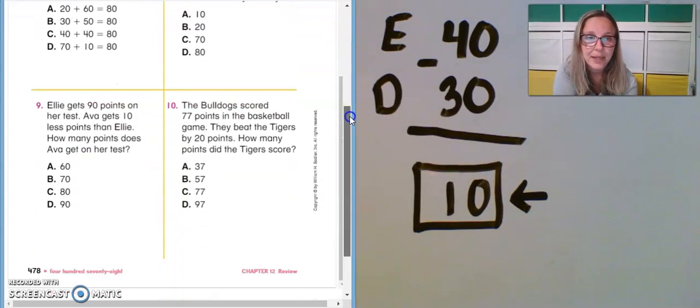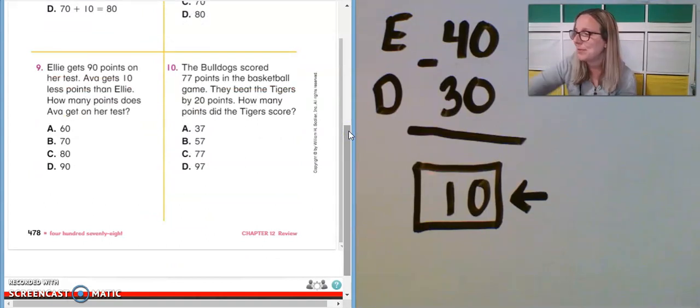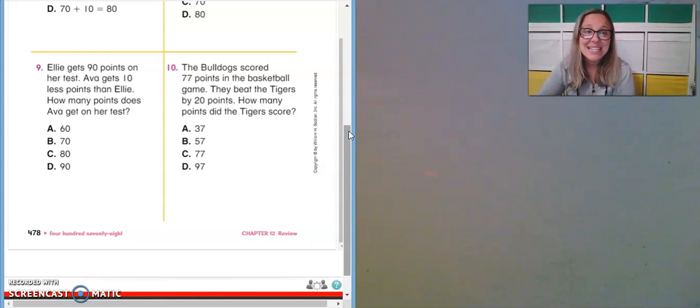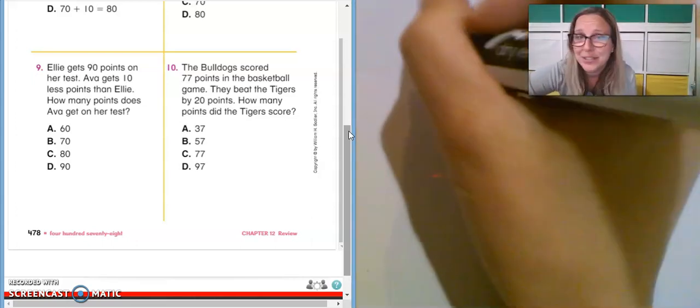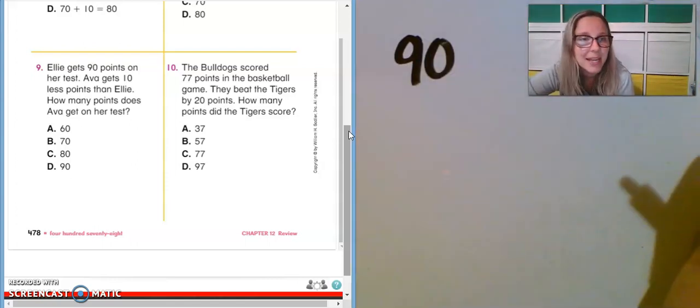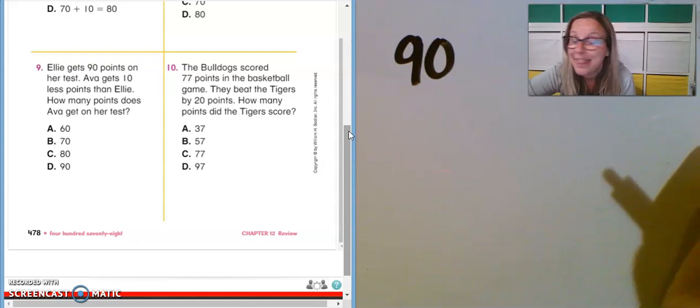All right, we've only got 2 more and we will be wrapped up with our review. Looking at number 9, Ellie gets 90 points on her test. Good job, Ellie. We'll put a 90 here to show Ellie got 90 points. Ava got 10 points less than Ellie.